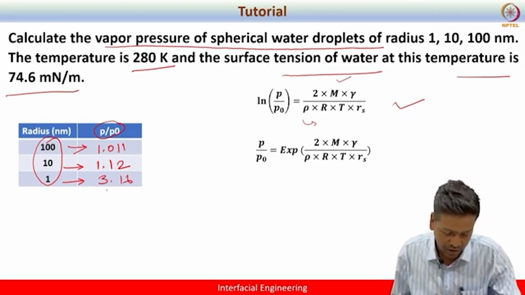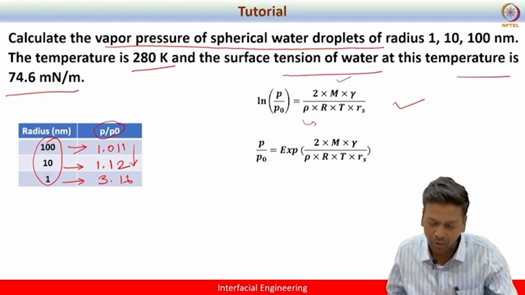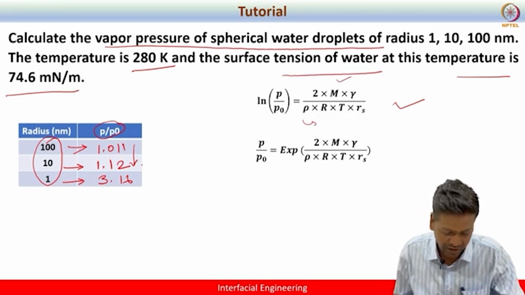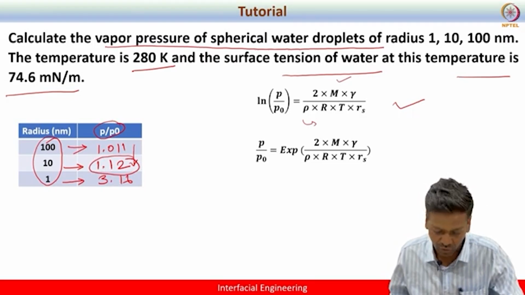So if I look at this, when you change the droplet radius drastically, when it goes down, the P by P naught increases drastically, right? You can see at least one order difference, higher than the previous one.